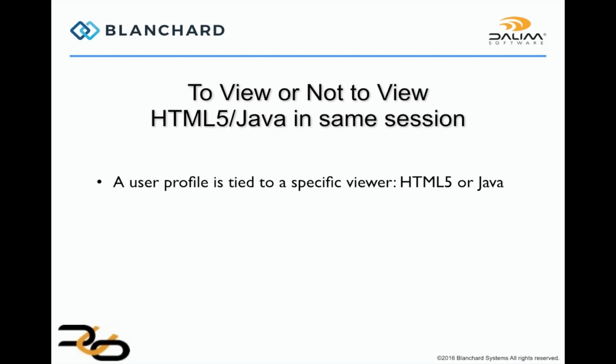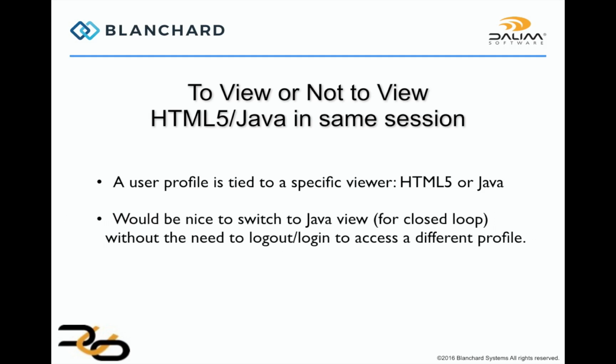Now we know that a user profile is normally tied to one particular viewer, but the request here would be for a user to jump out of the HTML5 viewer and then be able to use the Java viewer so that the closed loop option can be utilized. As we know, this is currently not available with the HTML5 viewer.